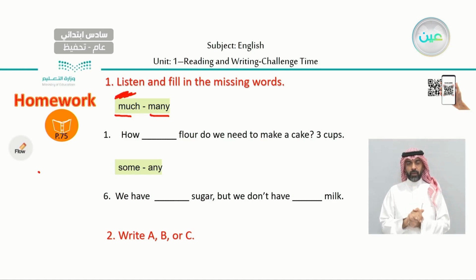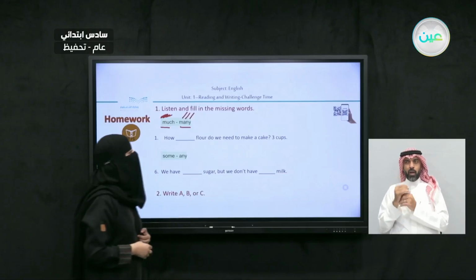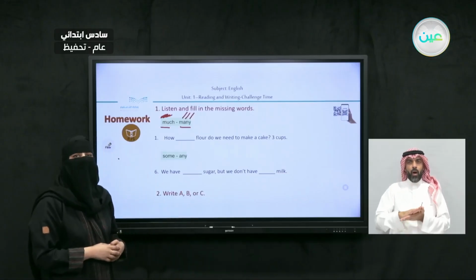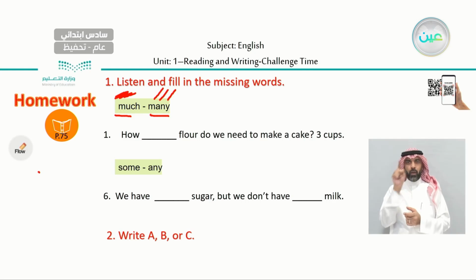Do it like this to remember, okay? What about many? Yes, countable. Okay, so how much flour do we need to make a cake? 3 cups. Okay, which one? Yes, look here, we have flour. Yes, flour uncountable, so we choose much. Okay, and do the others.